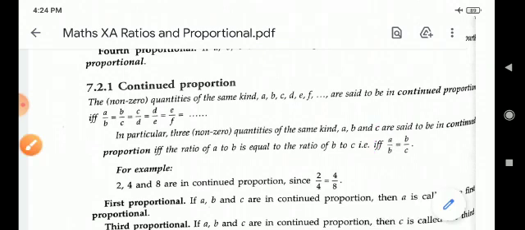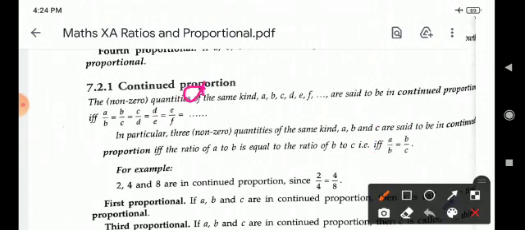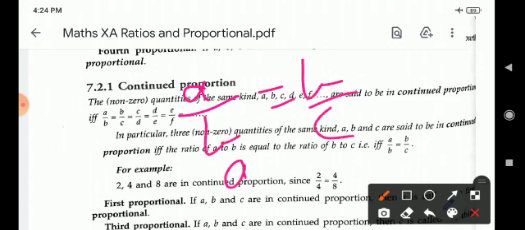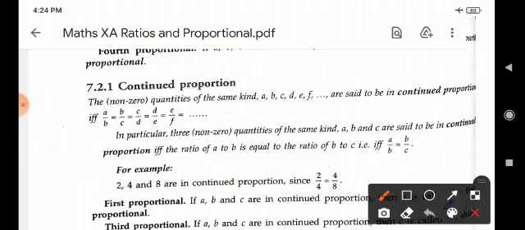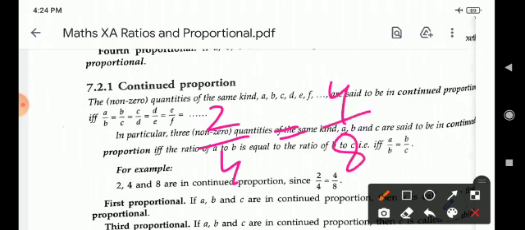For example, a upon b equal to b upon c, that is ac equal to b square. For example, 2 upon 4 equal to 4 upon 8. It is the continued proportion.